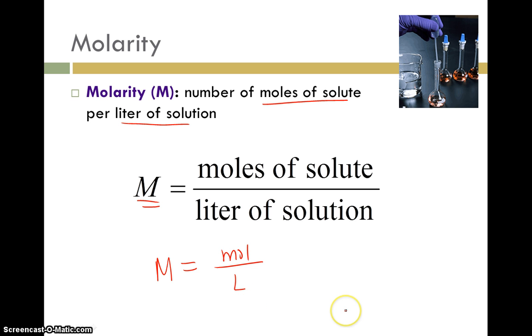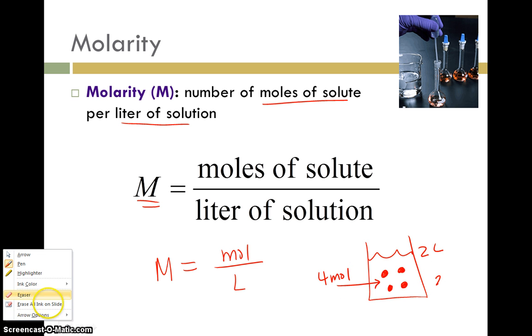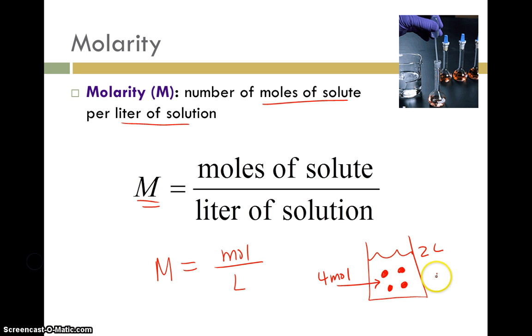So in this case, I have my solution volume of 2 liters. I have a total of 4 moles in my solution. So if I put my 4 moles over my 2 liters, I end up with a concentration of 2 molar.